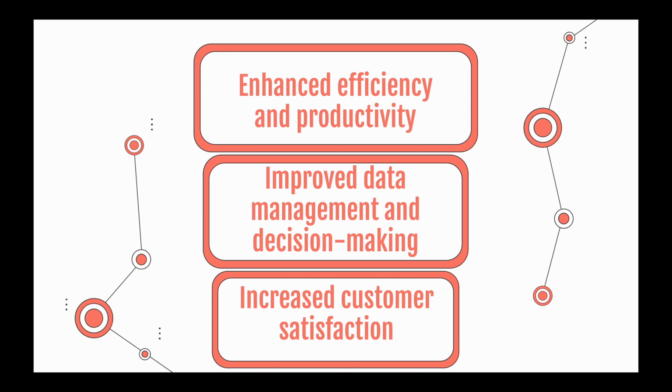Here is a close look at the compelling reasons why businesses should leverage the power of a TPS: enhance efficiency and productivity, improve data management and decision-making, and increase customer satisfaction.